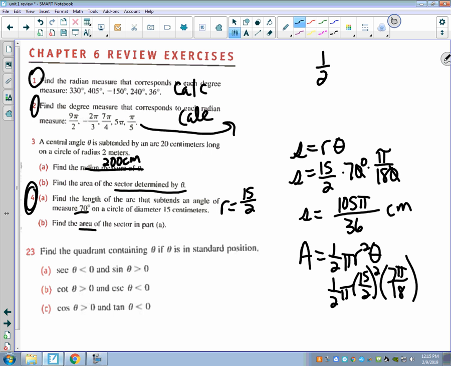So I'm going to rewrite it up here so you can see. So 15 squared is 225 over 4 times 7 pi over 18. And now I just want to simplify. And if you want to just multiply across and multiply the bottom and then simplify, you can. Gosh, I don't think anything simplifies on this one, actually. So 225 times 7 is 1575. Do I get pi squared in this?